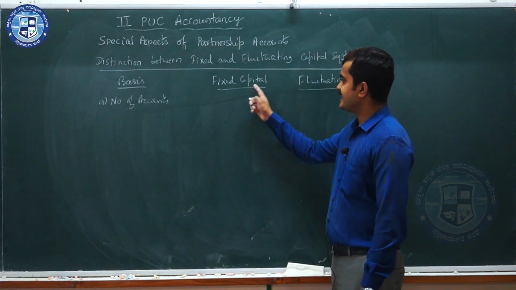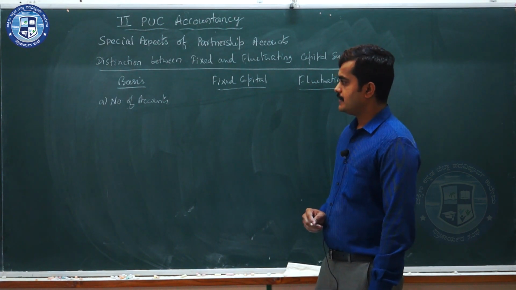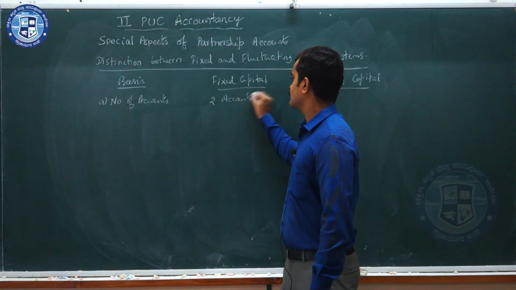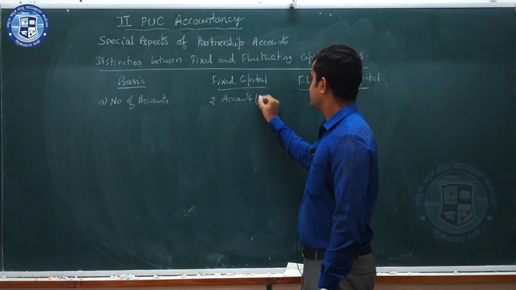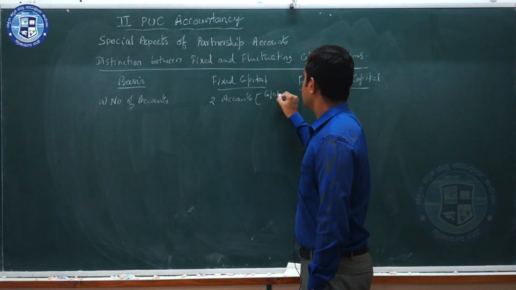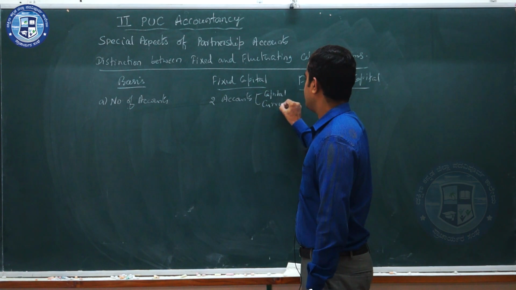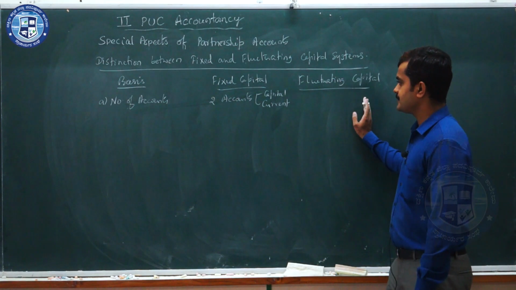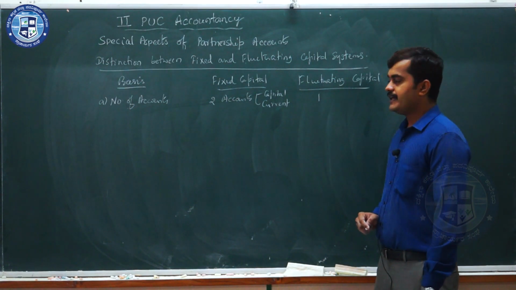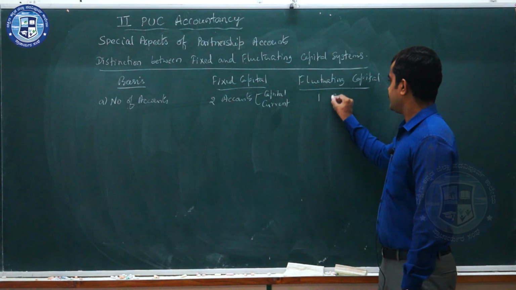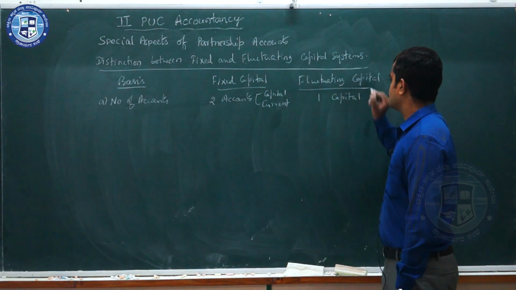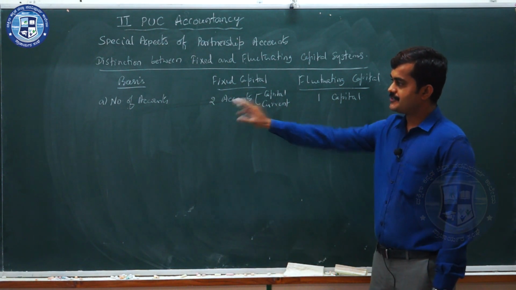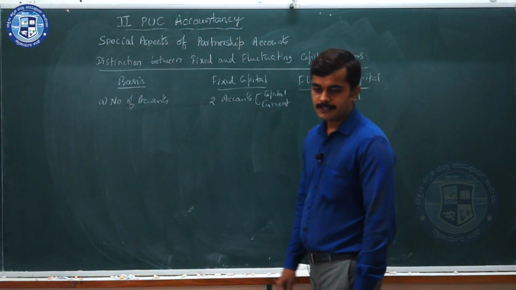Under fixed capital system, we will be preparing 2 accounts for each partner. That is, one is capital account, another current account. Coming to the fluctuating capital system, we will be preparing only one account for each partner, that is capital account only. That is the first difference on the basis of number of accounts to be prepared for each partner.